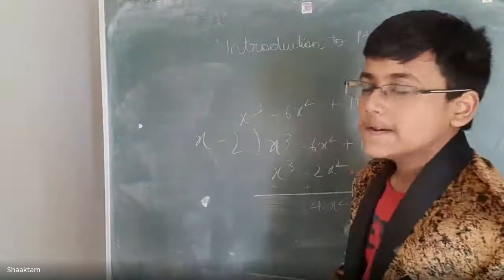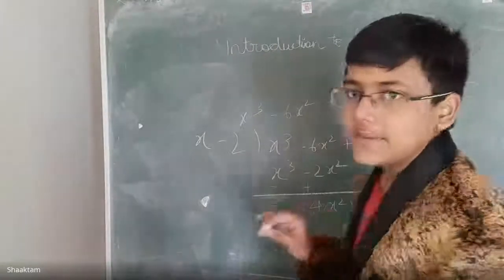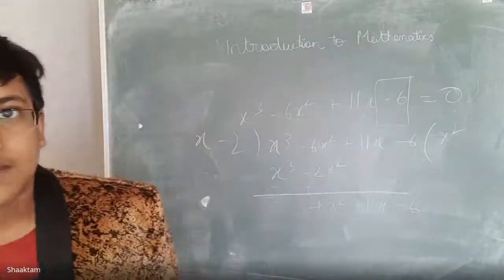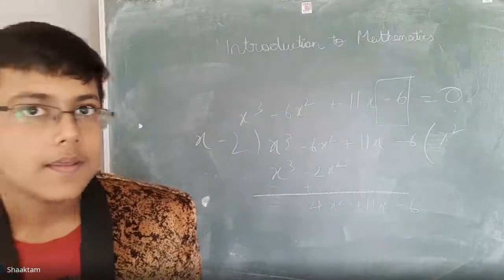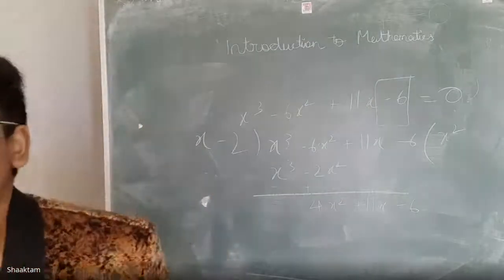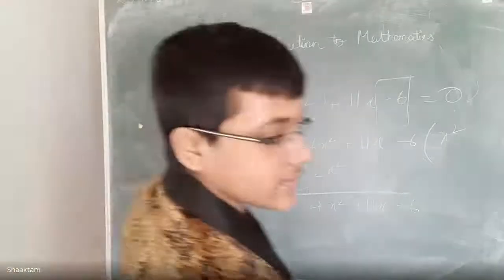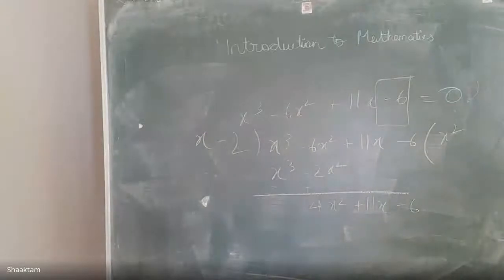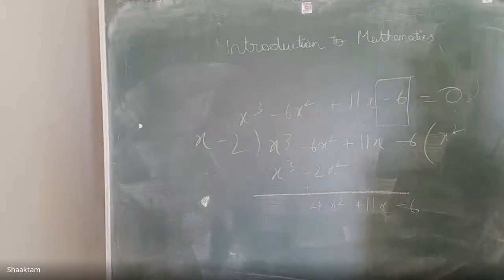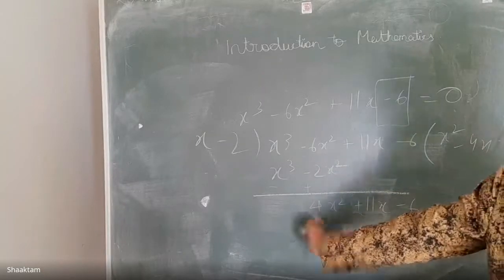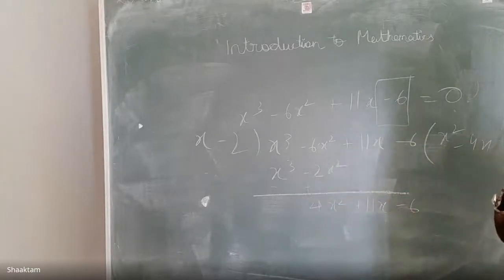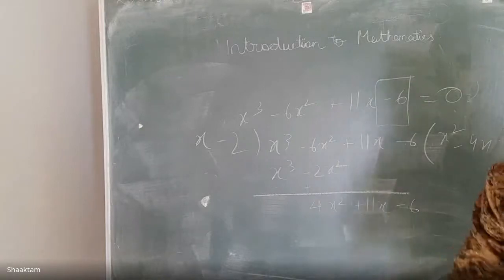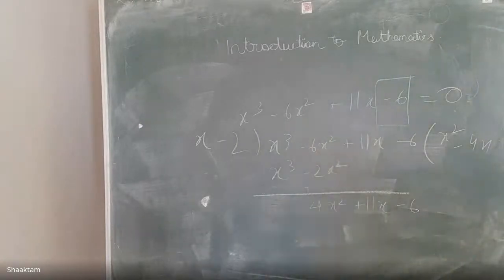Right? Or am I doing something wrong? Is it fine, everyone? Yes. Okay, fine. So minus 4x square plus 11x minus 6. And then I'll put minus 4x because then I'll get minus 4x square. Wait a minute. Should I put minus 4x or plus 4x?